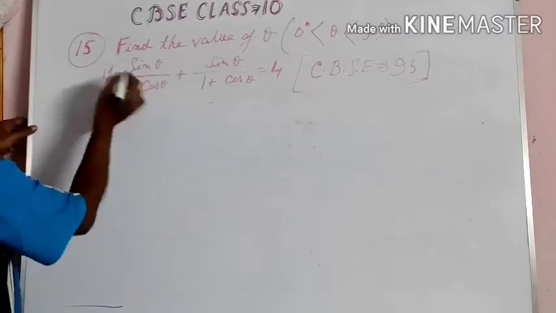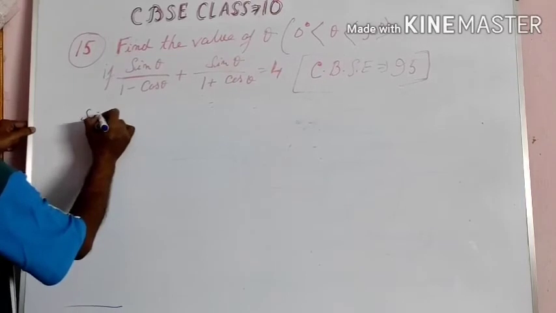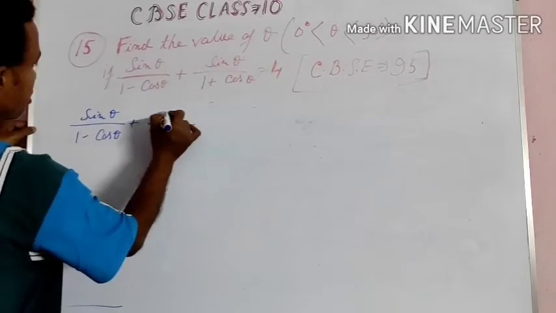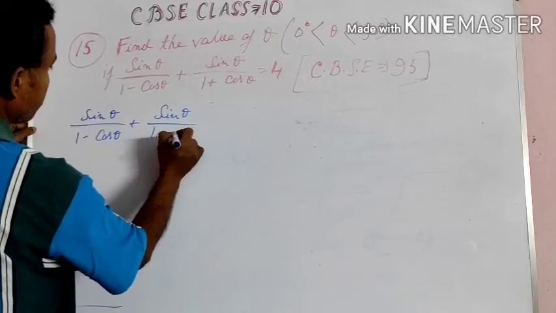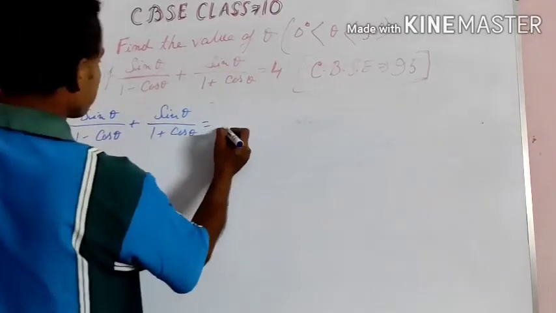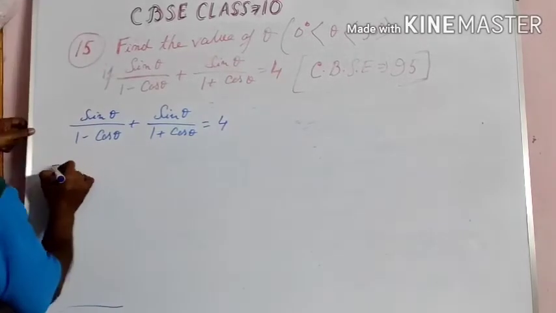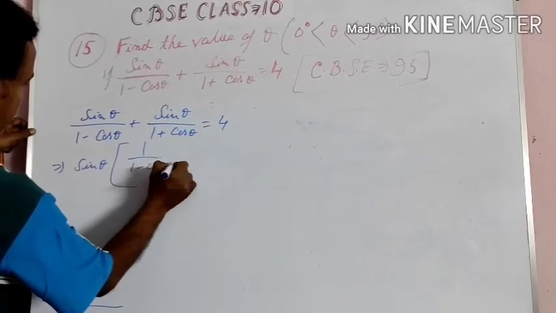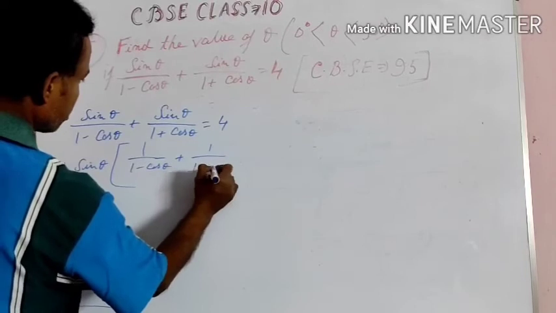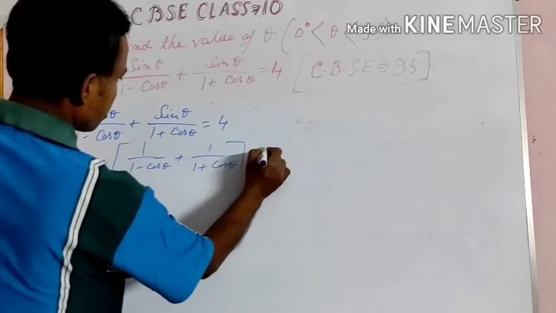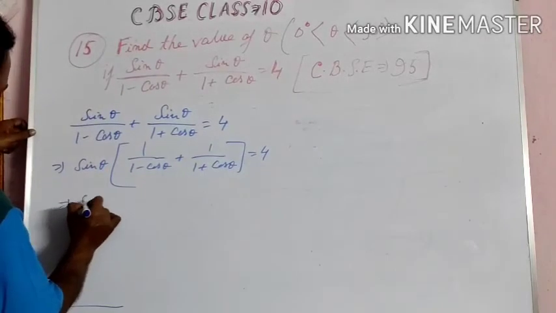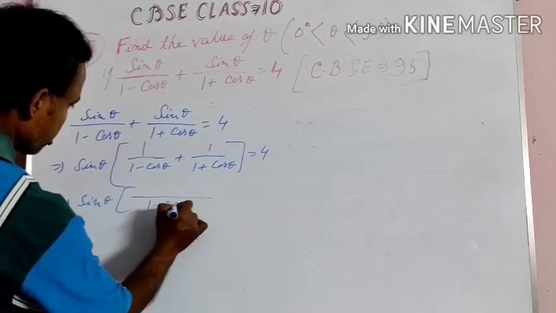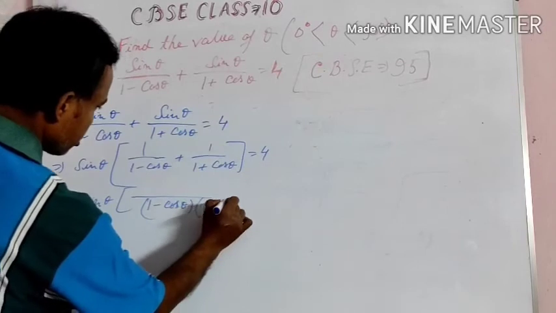So let us solve it. Sin theta by 1 minus cos theta plus sin theta by 1 plus cos theta is equal to 4, or taking common sin theta, that is 1 by 1 minus cos theta plus 1 by 1 plus cos theta is equal to 4, or sin theta into LCM will be 1 minus cos theta into 1 plus cos theta.